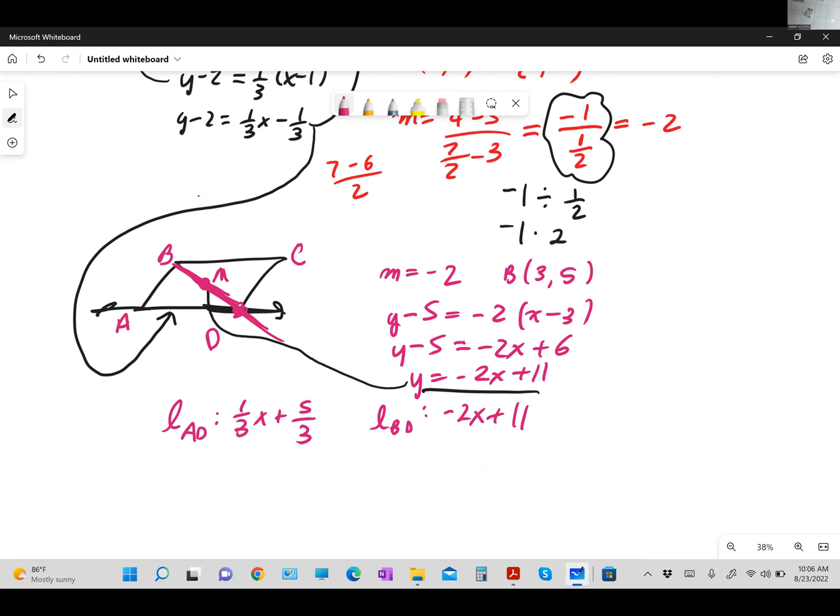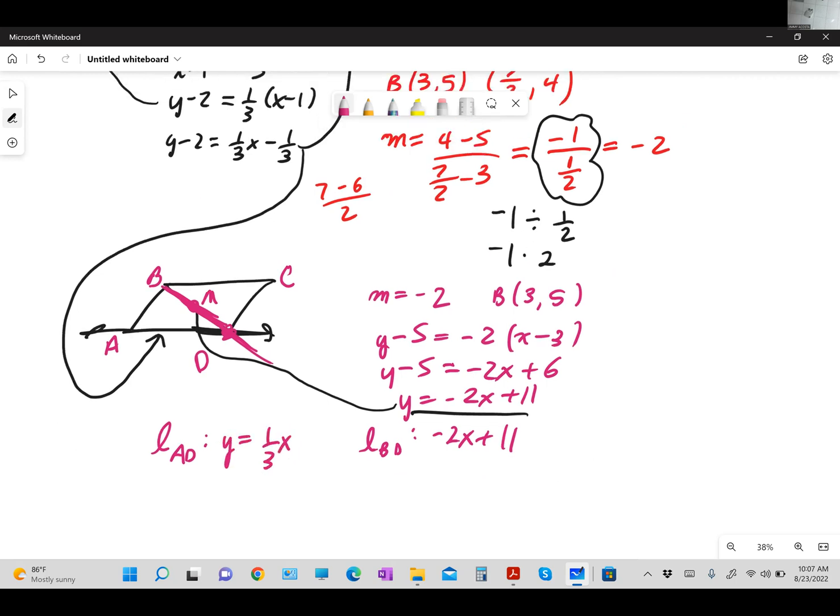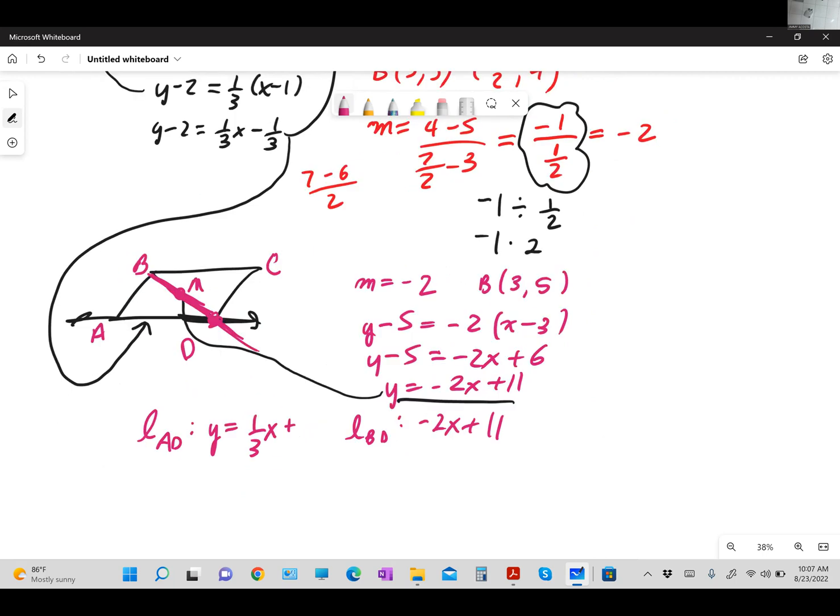And now we can set them equal to each other. And I should write Y. So I'm rushing because I'm running out of time, because I'm always running out of time. Y equals 1/3 X plus 5/3. And this guy here is Y equals negative 2X plus 11.